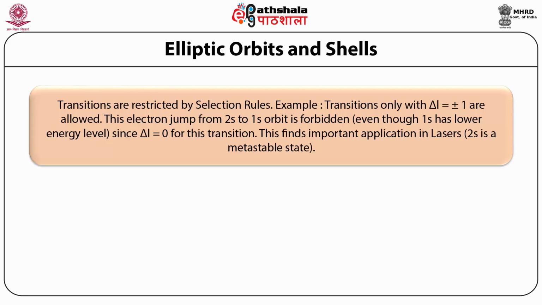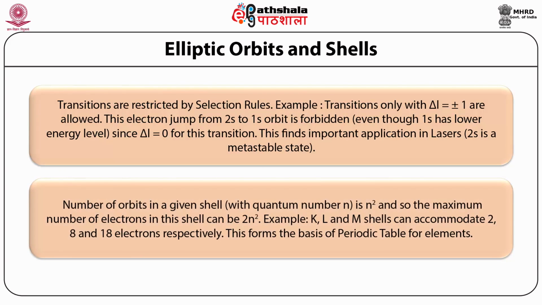The second thing is that the number of orbits in a given shell with quantum number n is n squared, and since each orbit can accommodate 2 electrons by the Pauli principle, the number of electrons in these shells can be 2n squared. For example, K, L, and M shells can accommodate 2, 8, and 18 electrons respectively. This forms the basis of the periodic table of elements. Regarding the selection rules, we'll come back to this again while talking about the Schrödinger equation.